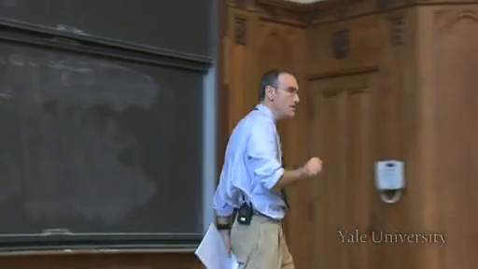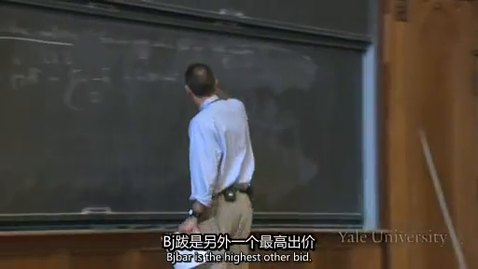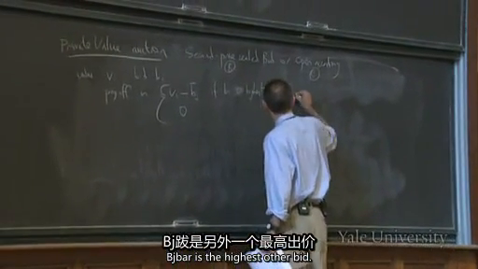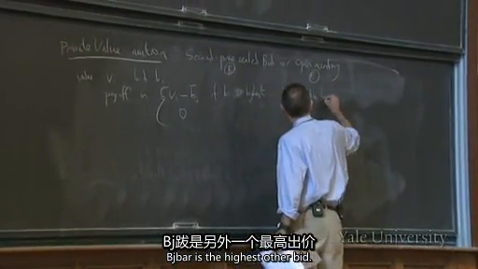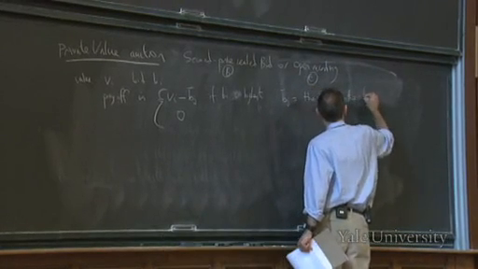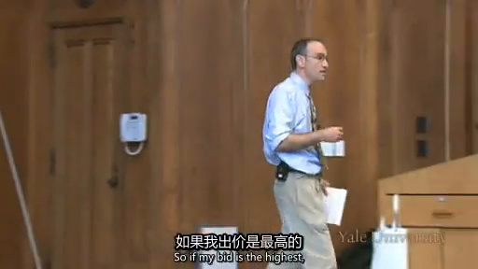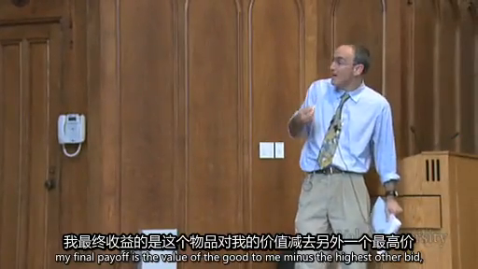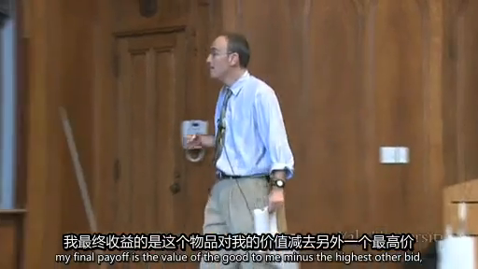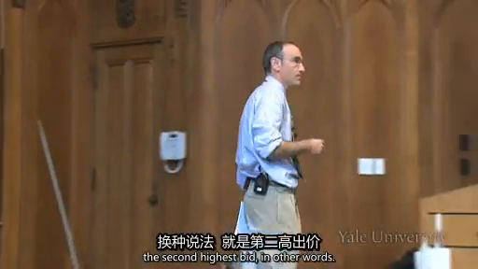Is that right? So what's BJ bar? BJ bar is the highest other bid. So if my bid is the highest, my final payoff is the value of the good to me minus the highest other bid, the second highest bid, in other words.